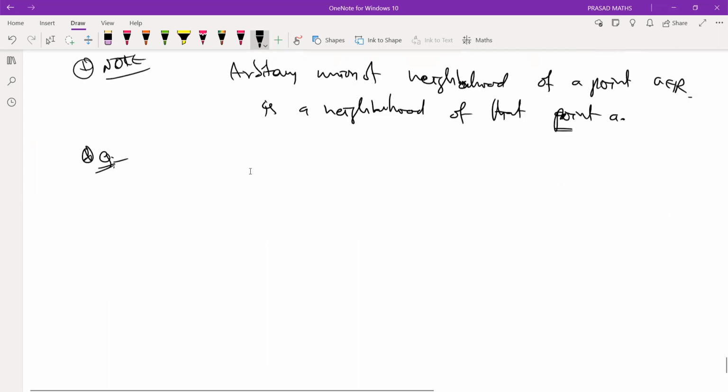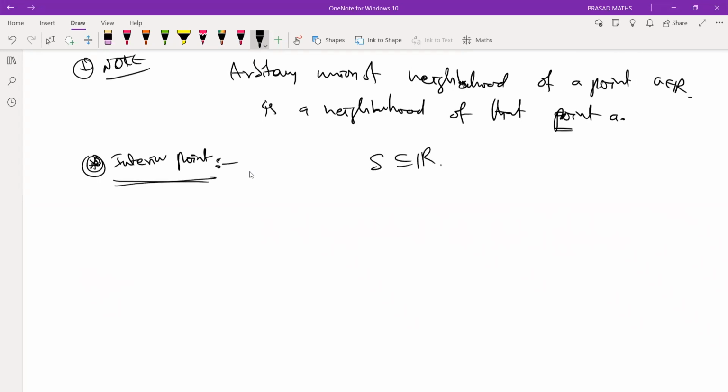open set, interior points. Next I'm going to take the interior point. Okay. So you take any subset S of the real line, right?